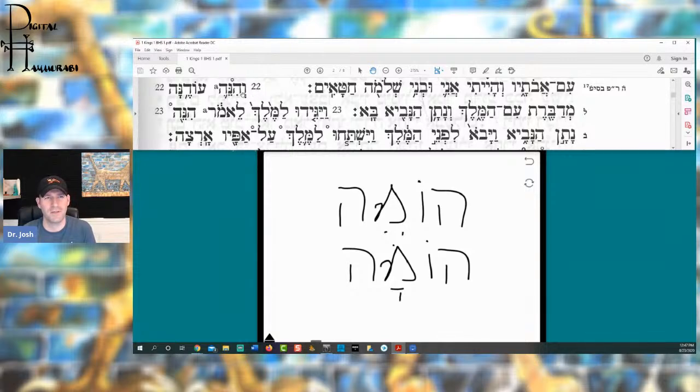Verse 22. V'hinei odena medaberet im hamelech. Now, behold, I know that's terrible, but just for our sake here, there's a better way to say that, but whatever.